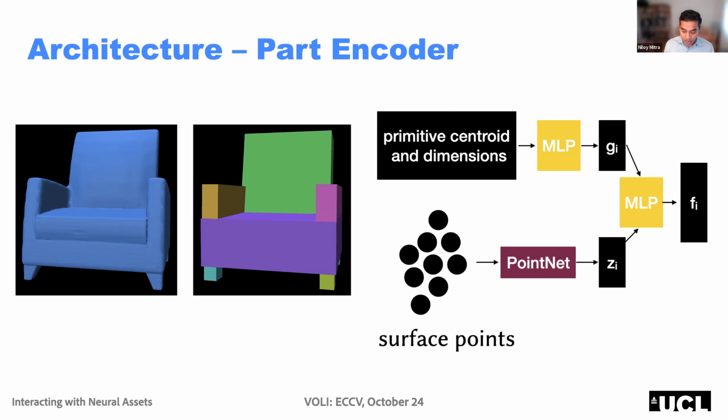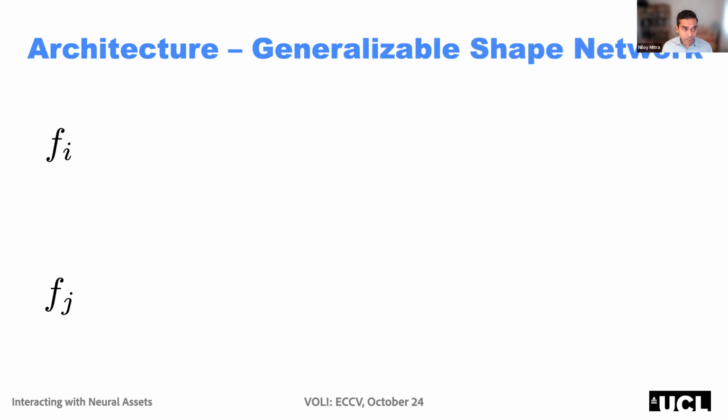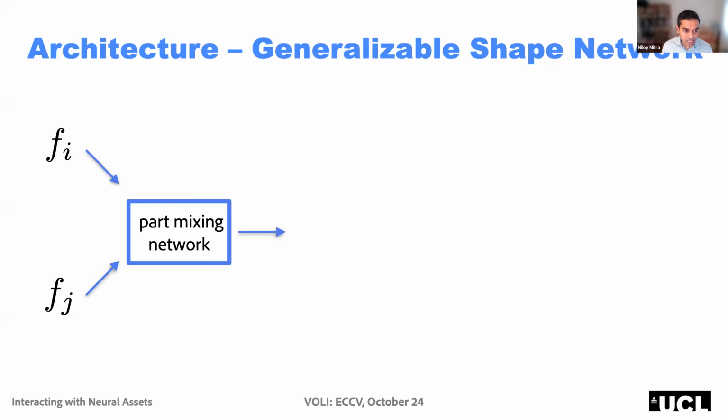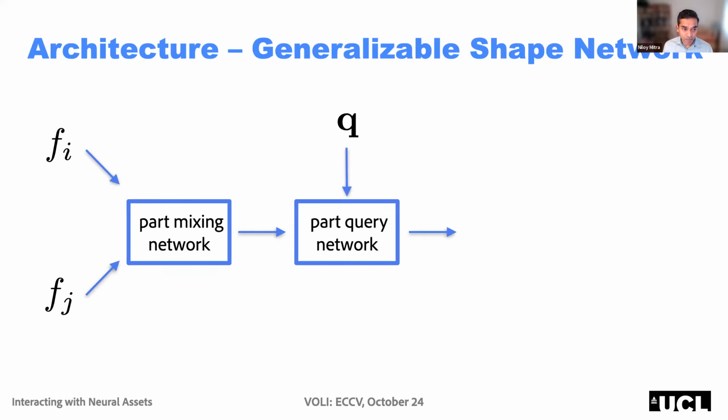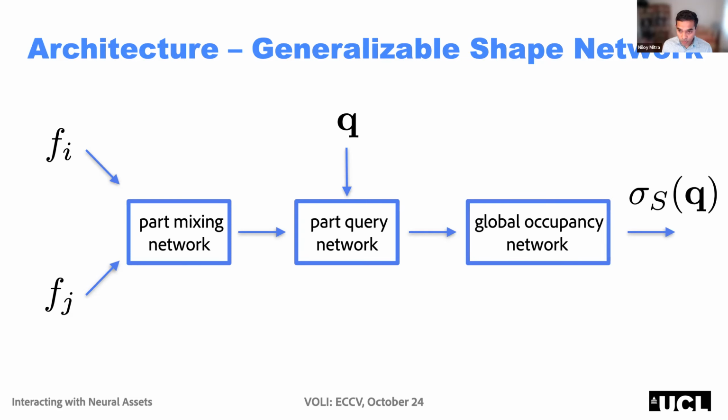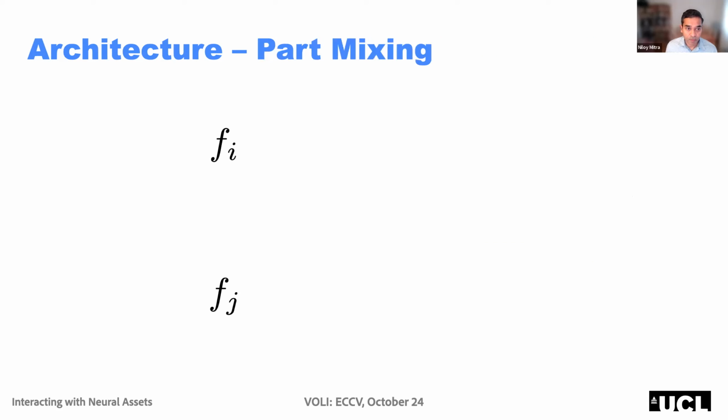So how do we make it aware of the rest of the primitives? This is where, again, the transformer comes in. We saw the notion of transformer for injecting information across neighbors in the previous talk also. For each pair of parts, there is a mixing network that would mix the part information. And then we will process the query in the query network to give a final occupancy. And the query network is the most interesting part here.